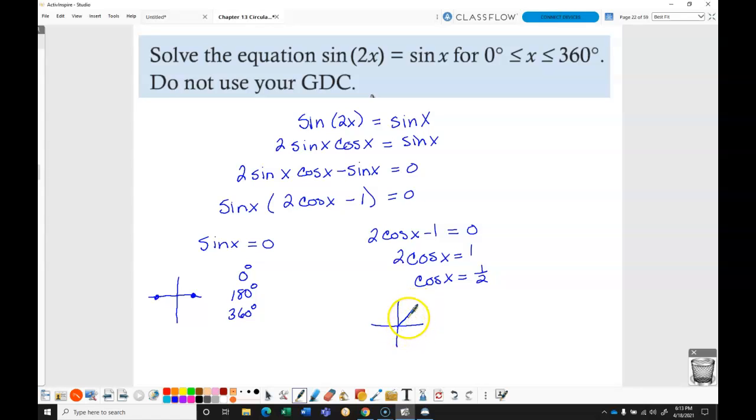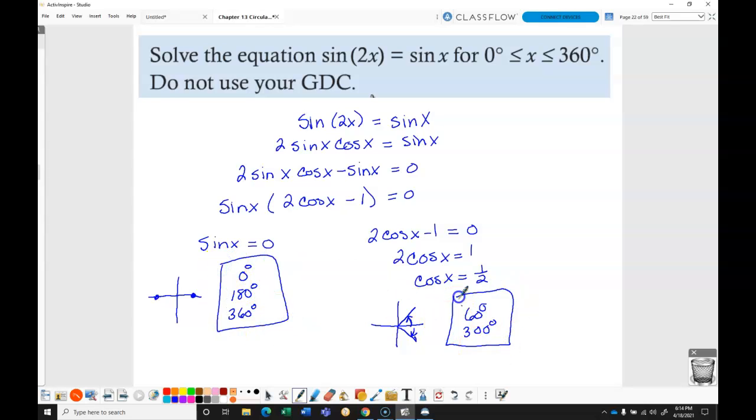So we want 60 degrees here, and I believe we also want 60 degrees here, because that's your x-coordinate, right? So we want 60 degrees down here also. All right, so that tells me 60 degrees and 300 degrees. So I think I have 1, 2, 3, 4, 5. Yeah, I have 5 answers.